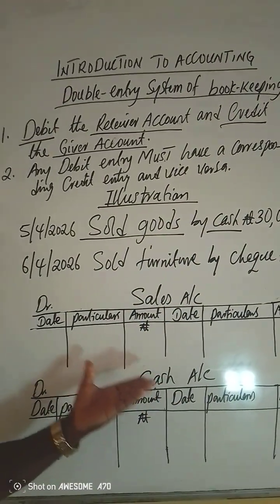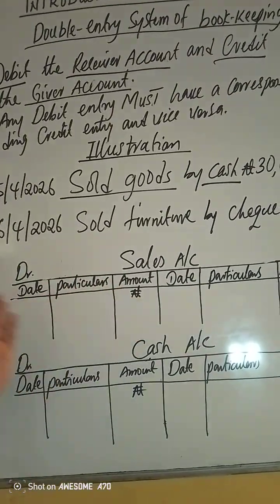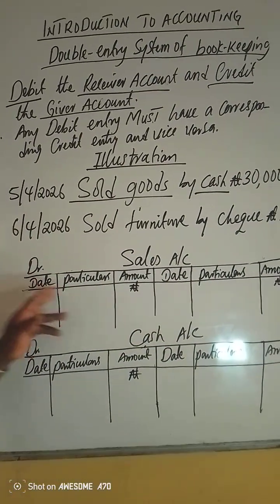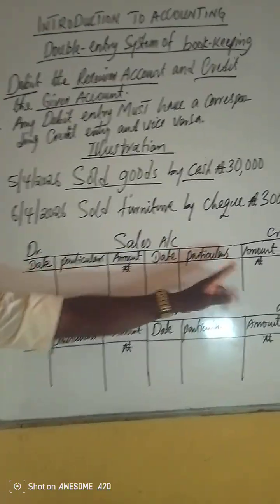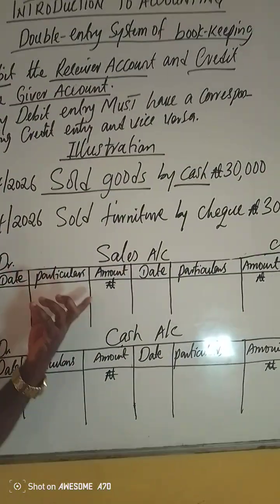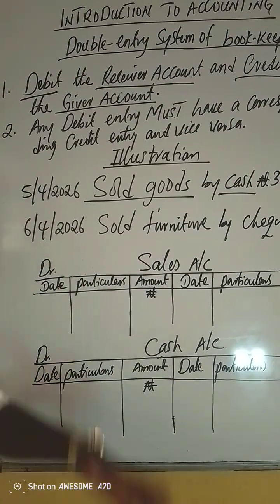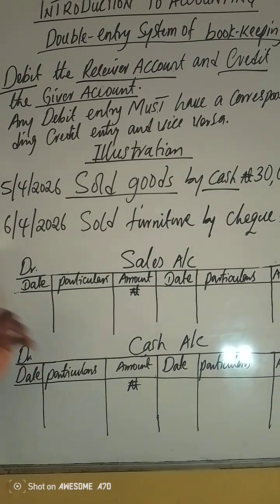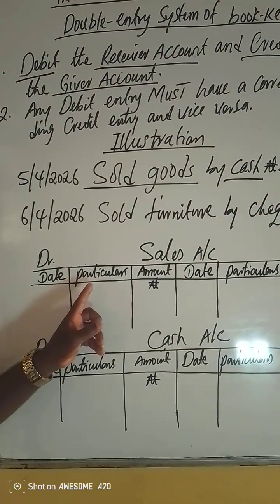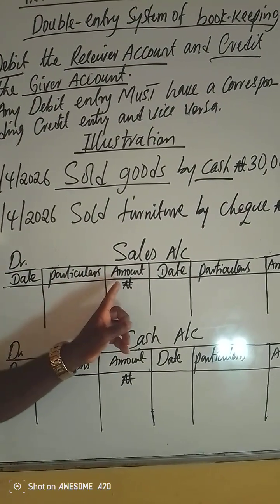Then let's look at it here. This is the sales account. In the previous video, all these headings were not there. That doesn't mean that they are not relevant. That is why I introduced that if we draw a full ledger with the respective headings, the most fundamental are the date, the particulars, or you can call it details, and the amount.